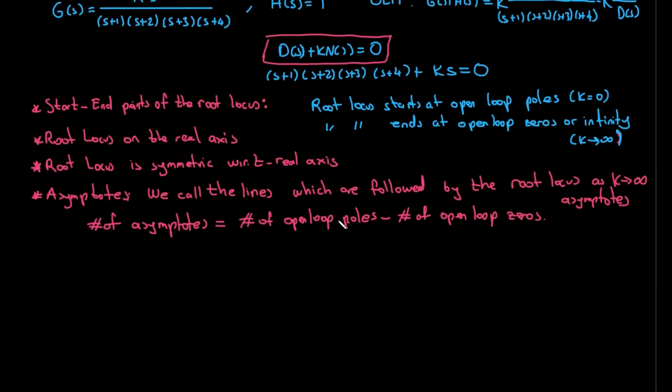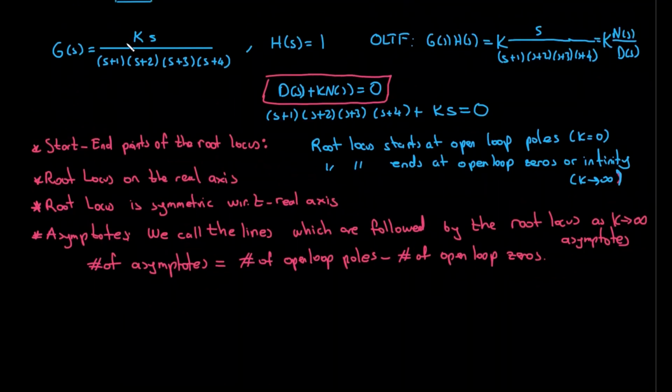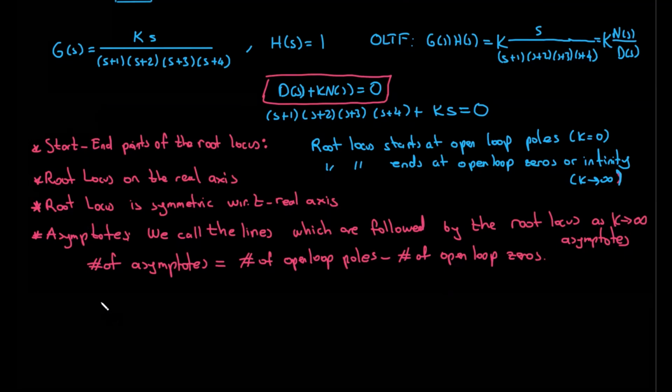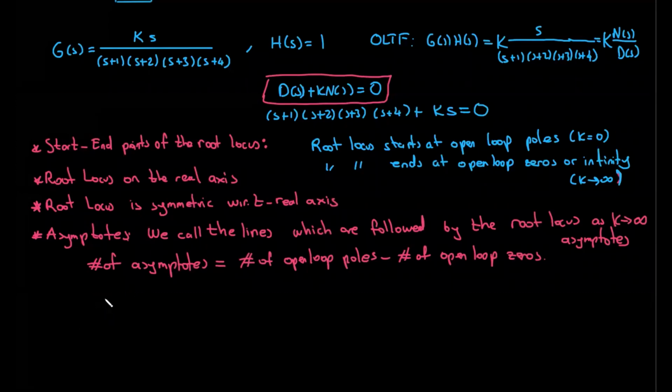In this example, where we have the n of s, I can write it down with the blue color over here. We have the open loop transfer function as s over s plus 1, s plus 2, s plus 3, and s plus 4 over there.